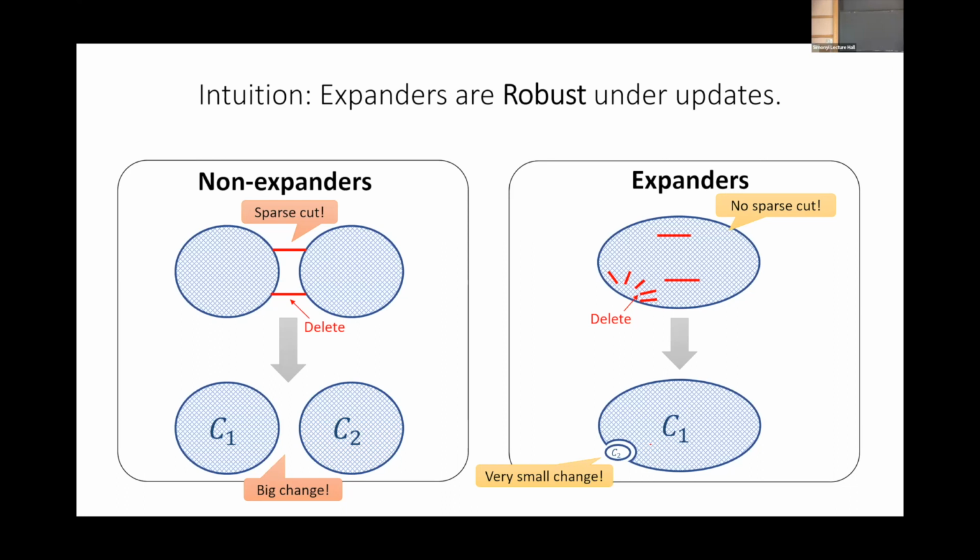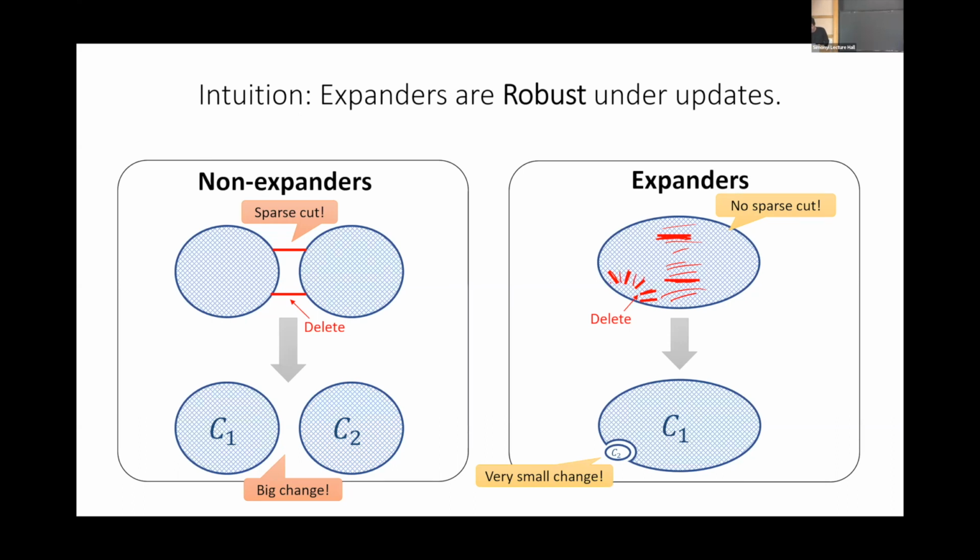Now, if instead the graph is an expander, you know that if you delete a few edges here, you cannot disconnect anything, because an expander must have a lot of edges crossing a balanced cut. And if you want to disconnect something from the graph, maybe you need to delete a bunch of edges here.